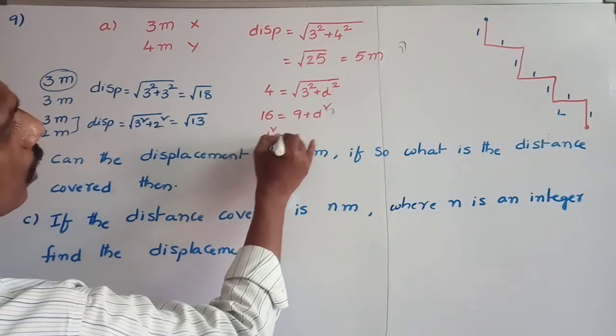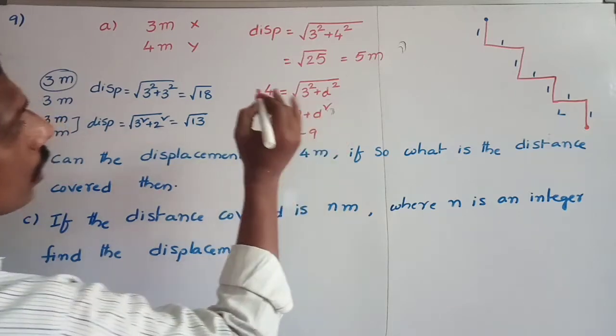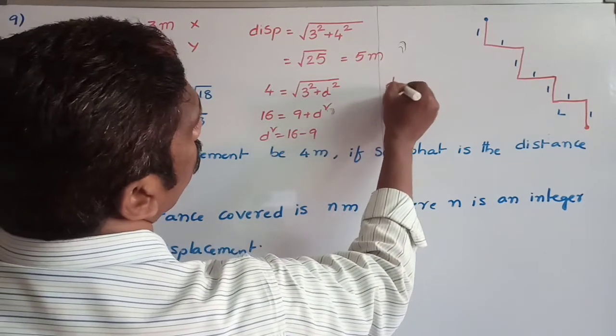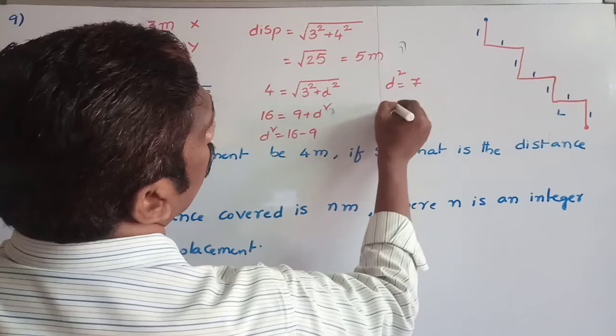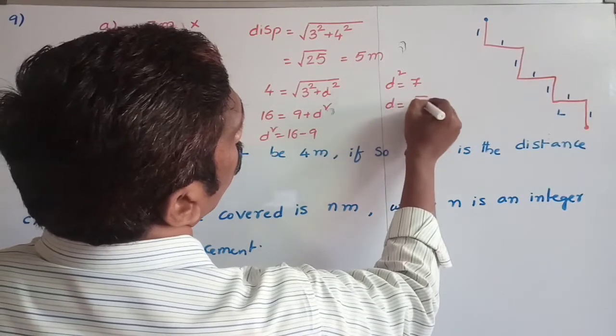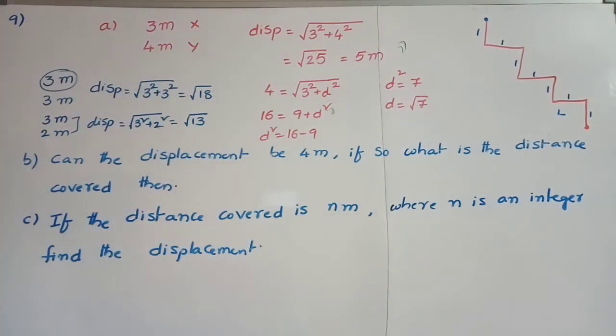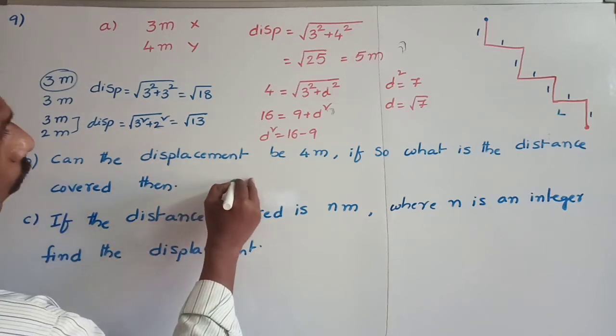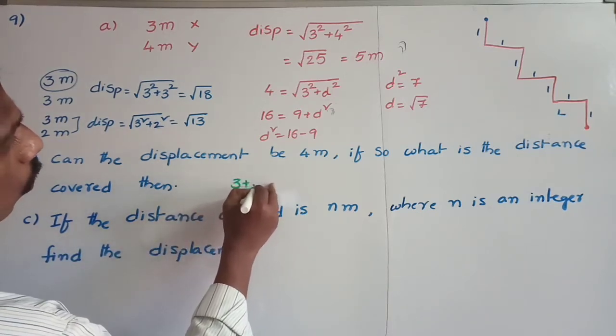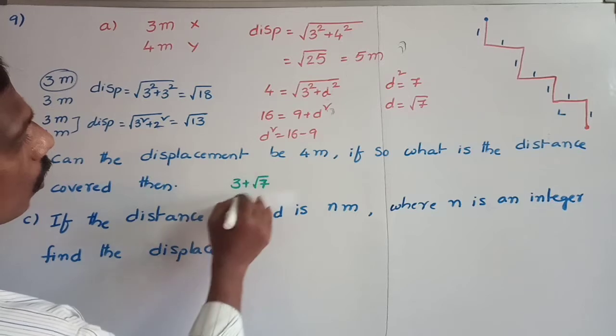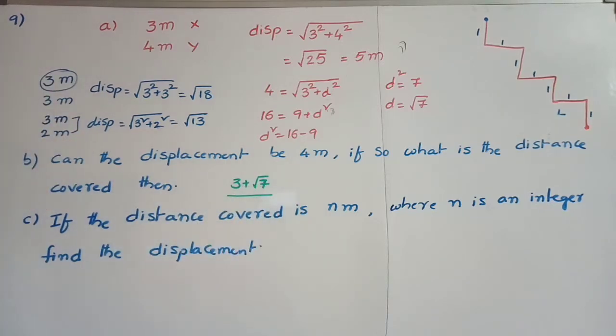From this, d square is equal to 16 minus 9, so d square is equal to 7. d is equal to root over 7. So one value is 3 and the other value is root 7. So in this case, distance is equal to 3 plus root 7. So this is the distance.